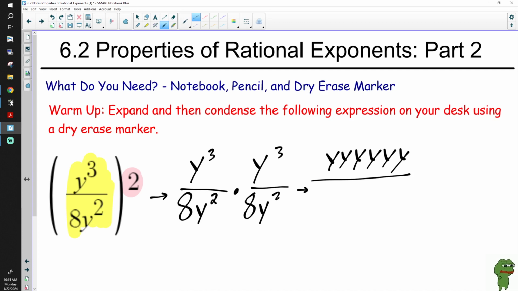On the bottom, how many 8's are there total? I'm being tricky. Just 2, right? It looks like it shares that 2, but it doesn't. It's just an 8. So there are 2 8's. 8 and another 8. How many y's are there total, though? Now there's 2 in each, but 4 total, right?